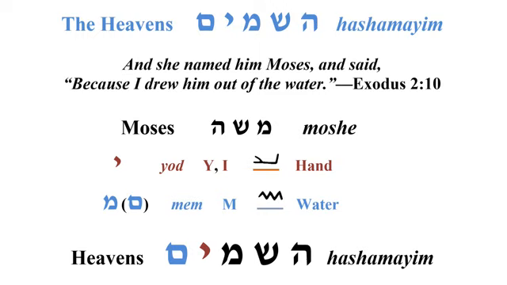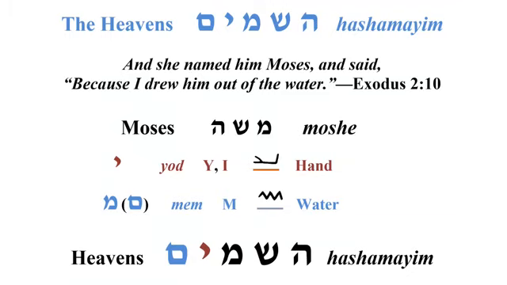If you look at those 3 letters backwards, it spells Mem, Shin, He, which is Moshe, the word for Moses. Because it's spelled backwards in the word, it's actually a picture of, remember Moses? This is in chapter 2 of Exodus. Pharaoh's daughter is down by the river. They had to throw all the babies into the river, right? And so Moses' mother puts him in a basket and floats him in the Nile.